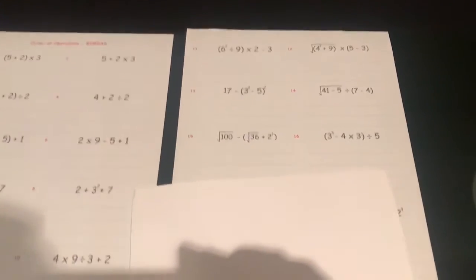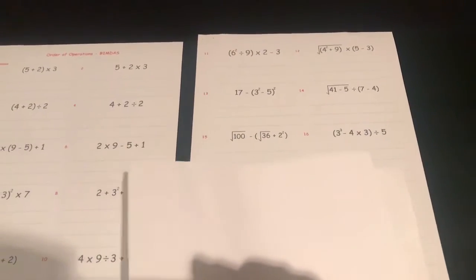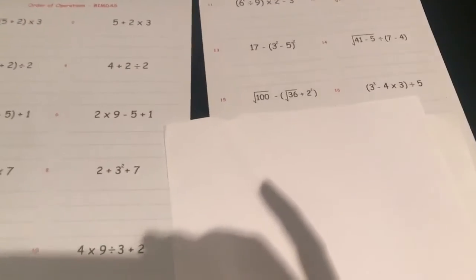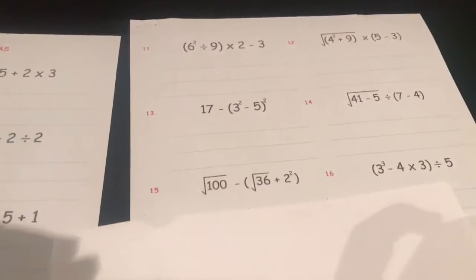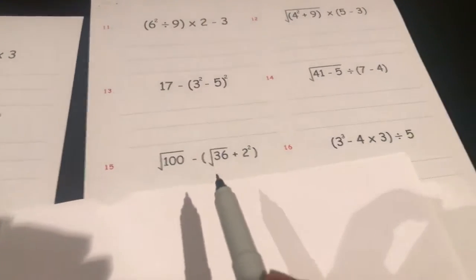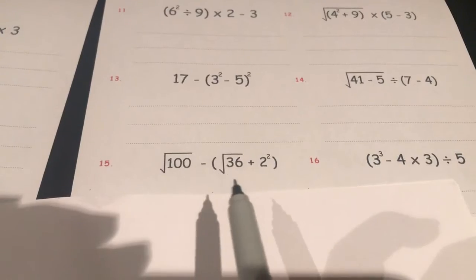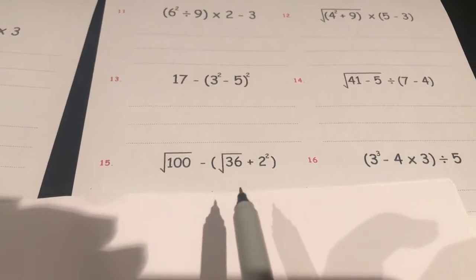I'm going to do this one here, number 15. So we have the square root of 100, take away, then we have brackets, so we know we're going to start here.